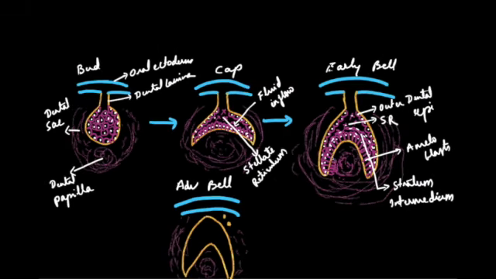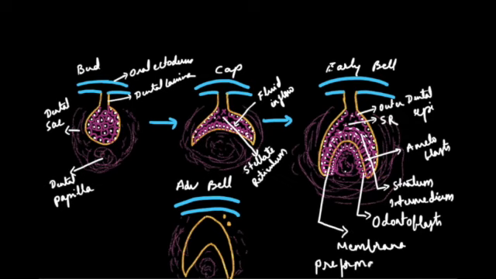The peripheral cells of the dental papilla now form the odontoblasts, which oppose the ameloblasts and sit on a basement membrane. These are the odontoblasts which form the dentin. Now the membrane separating odontoblasts and ameloblasts is called the membrana preformativa, which forms the future dentino-enamel junction.